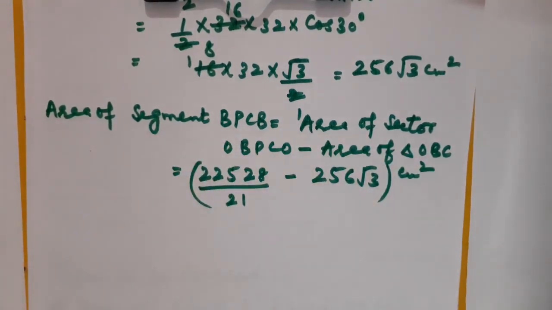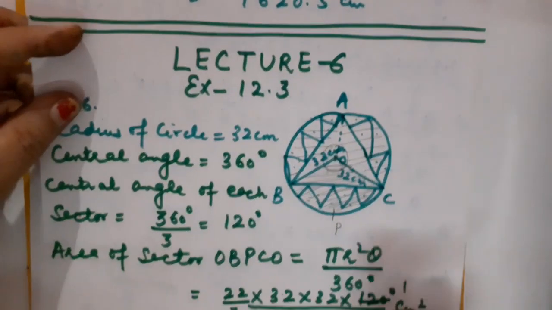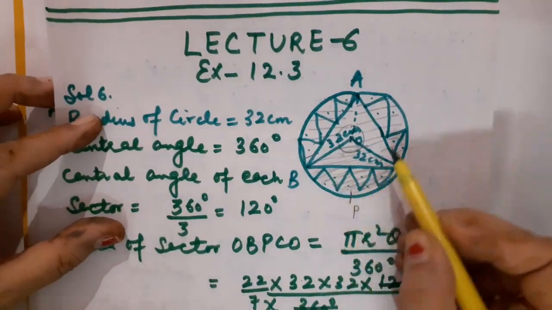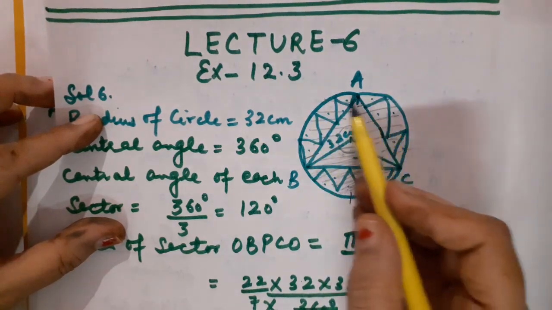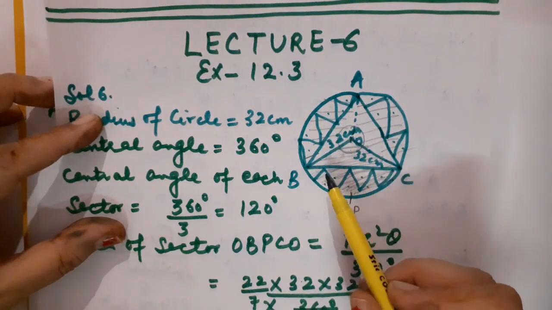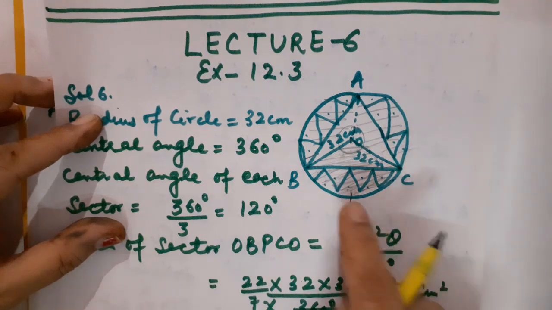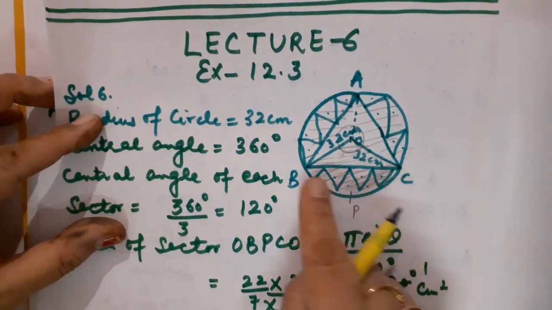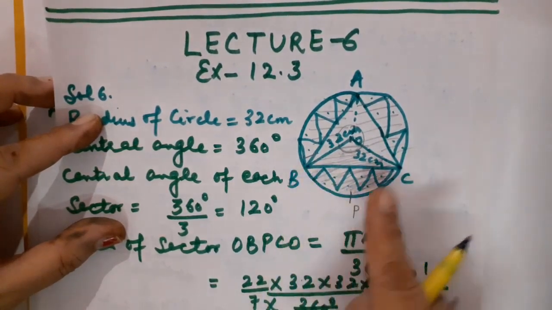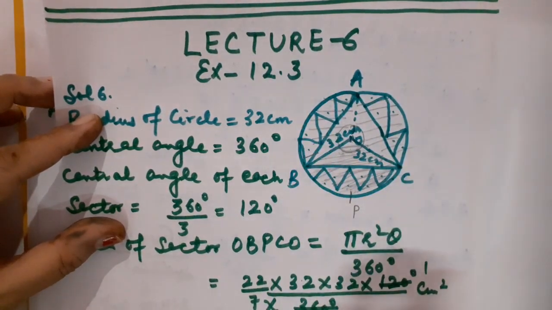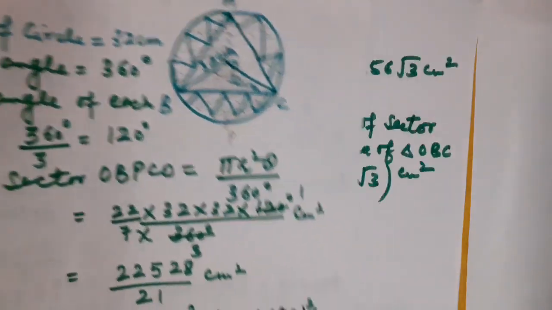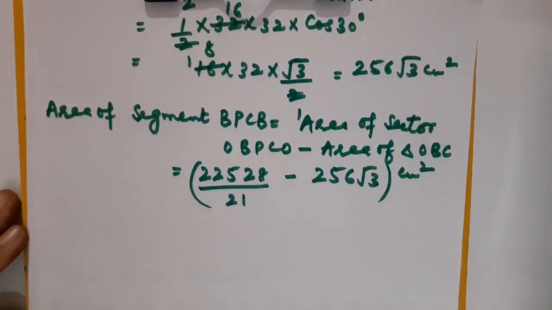Okay. Just look at here in the diagram. There are three segments of equal area. So how to calculate the area of the shaded region? If I multiply the area of this segment which I have just calculated, that is BPCB by 3, so I can come to know the area of the complete shaded region or the area of design.